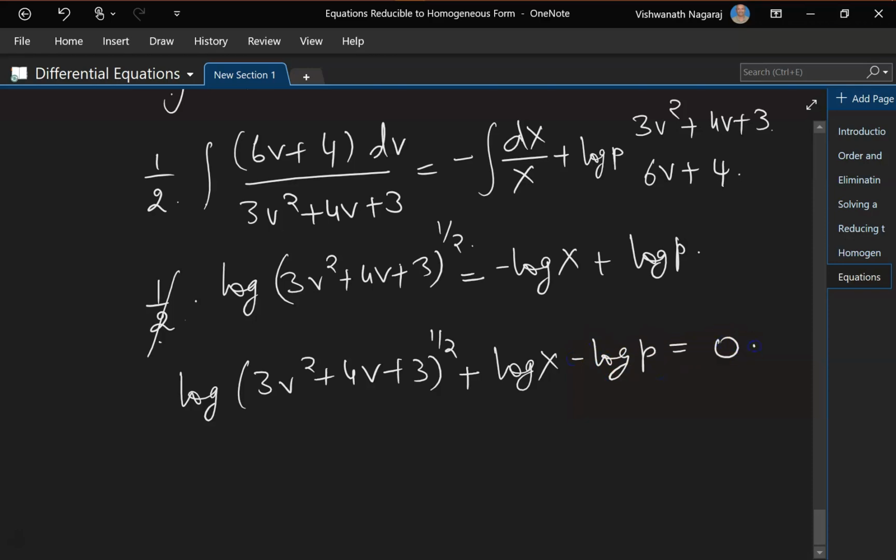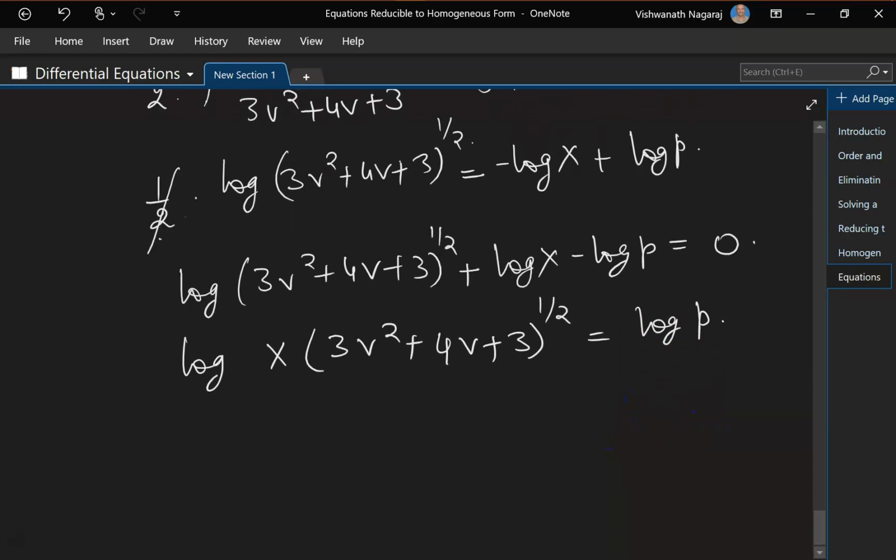Now let's combine them. So log x times 3v square plus 4v plus 3 to the power of 1 by 2. This will become division by, so let's leave it on the other side itself, log p. Now we want to get rid of this 1 by 2, so square this side and square this side. So what do we get?